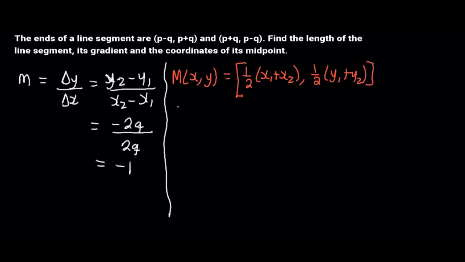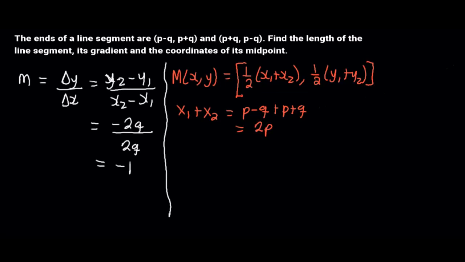So let us find x1 plus x2. x1 plus x2 is given by P minus Q plus P plus Q, and we end up getting 2P.